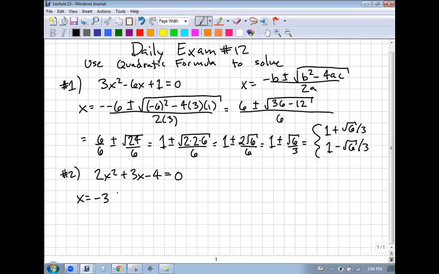Look at number 2 here. We have negative b plus or minus the square root of b squared minus 4ac, all over 2a. We have negative 3 over 4. 3 squared is 9. A minus and a minus give us a plus. 4 times 2 times 4, what, 32?